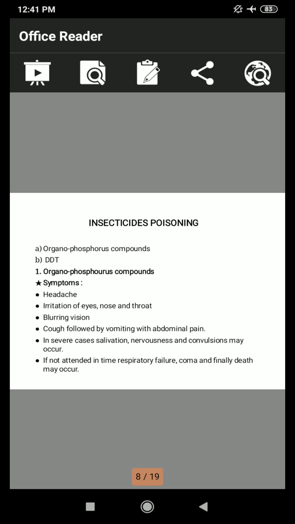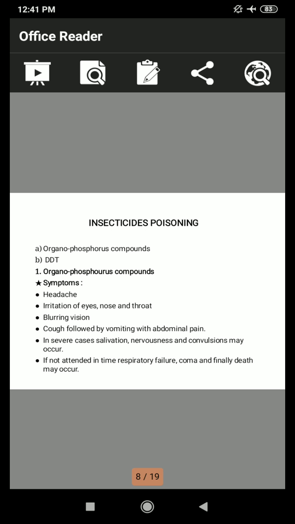Then next is insecticide poisoning. Many of these insecticides contain organophosphorus compounds and DDT. First is the organophosphorus compound.